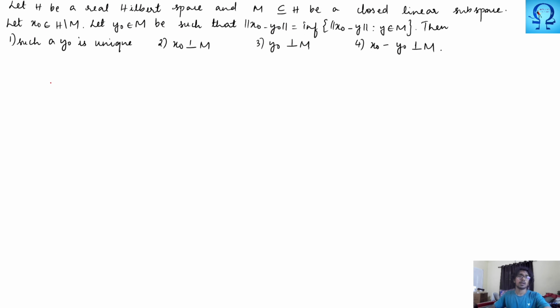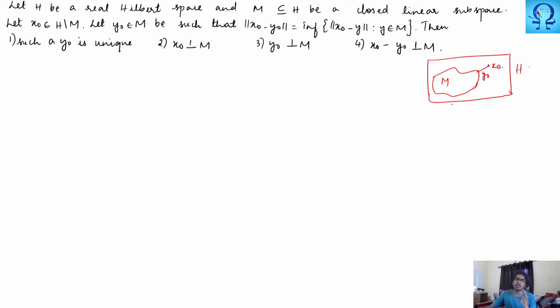The next question is, H is given to be a real Hilbert space and M is some closed linear subspace of H. Okay, and x0 is some point in H minus M. And actually, if you try to visualize what is happening here, you can have this as your H, inside which you have something called M. Okay, you are identifying a point x0 in H minus M. So somewhere here you are identifying a point x0, and you will have to identify a point y0 in M such that norm of x0 minus y0 is the infimum of norm of x0 minus y, where y is taken from M. So y0 would be somewhere here.